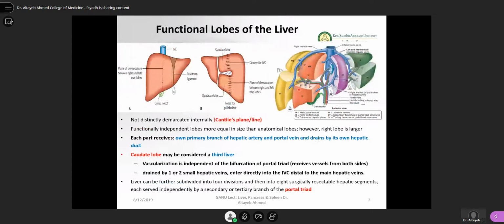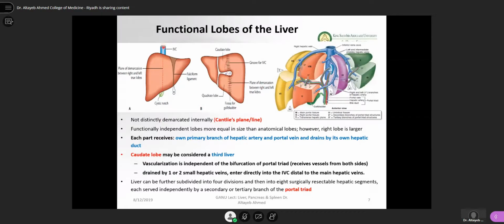There is another classification which we call the functional lobes of the liver. This is important from a physiological perspective, and also it is important in surgery when you want to do resection of functional lobes. We divide this based on what we call Cantlie's plane or line.